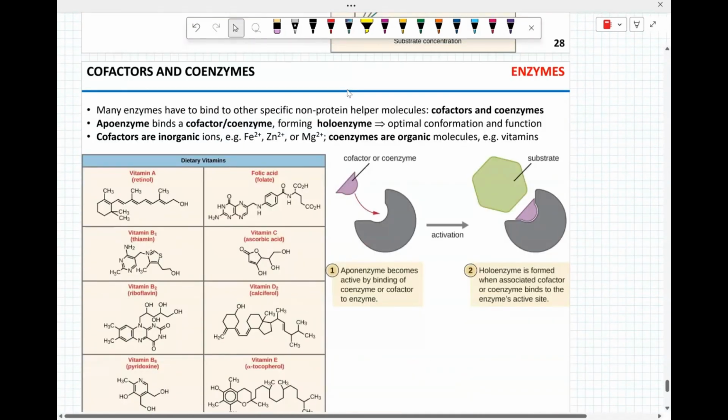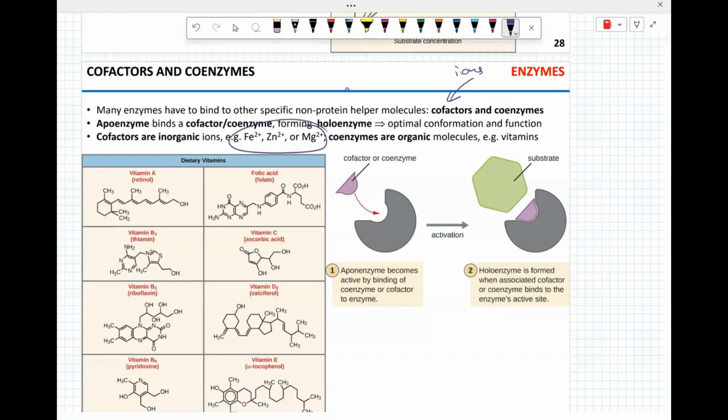Many enzymes require cofactors and coenzymes. Cofactors are ions such as iron, zinc, magnesium, copper, molybdenum, and so on, while coenzymes are usually organic molecules such as vitamins.